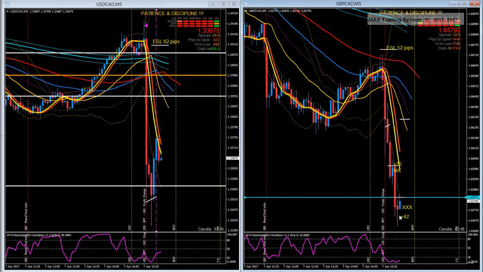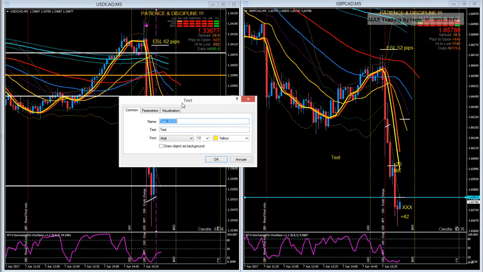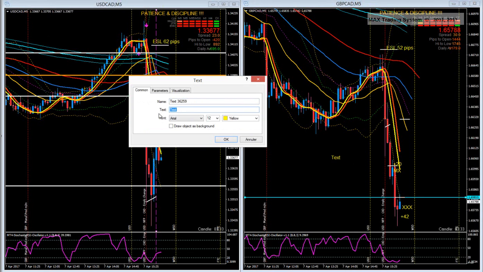Okay, this means nothing dangerous here on the pound, on the USD CAD. So on the pound CAD here, we have 20 and 42, so 62 pips profit. So let's write on the chart: trade plus 62 pips, the stop loss being 52 pips.